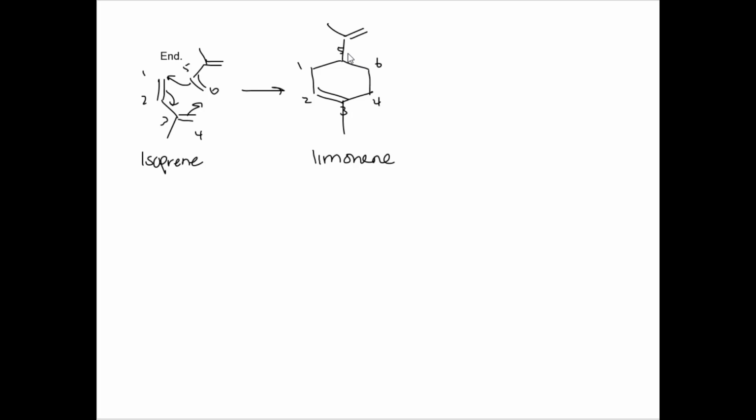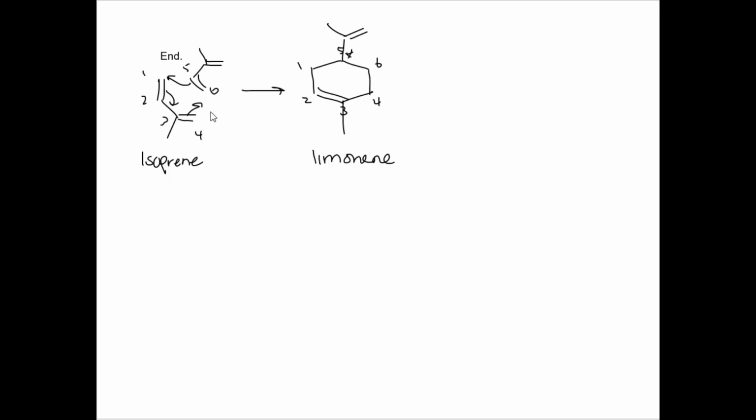We actually generate a chiral center here, and one enantiomer has one type of smell and the other one has another type of smell, which means that the receptors in our nose are chiral and able to differentiate between those two enantiomers. So just point out the idea that these Diels-Alder reactions occur in plant materials quite a bit.